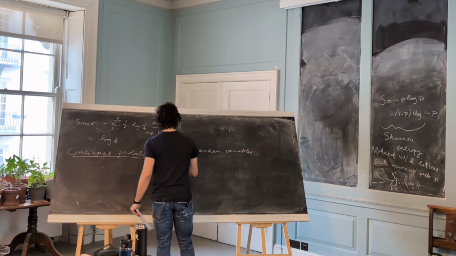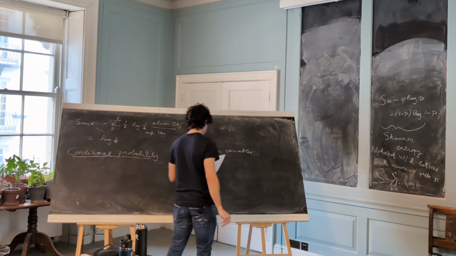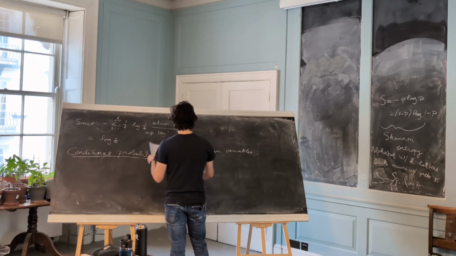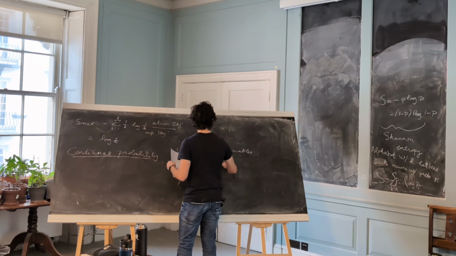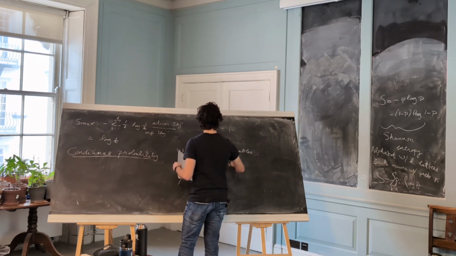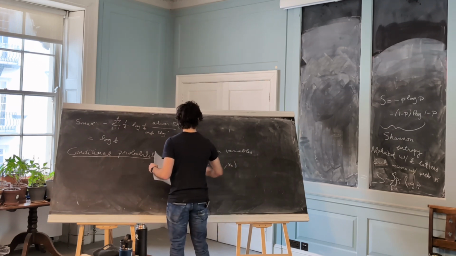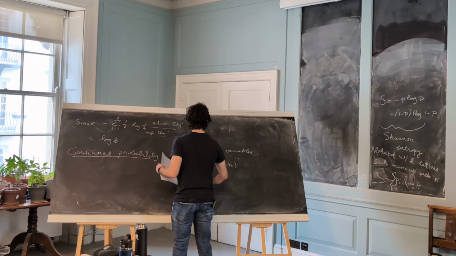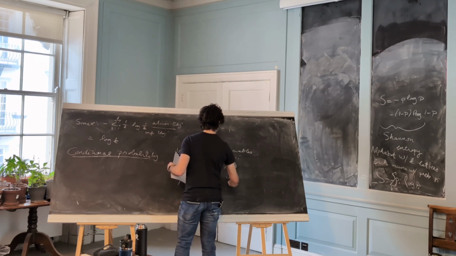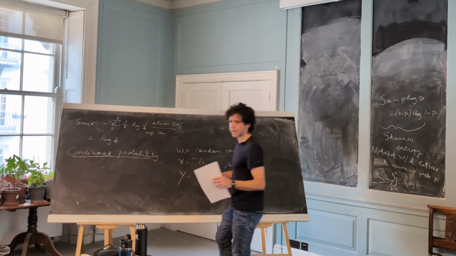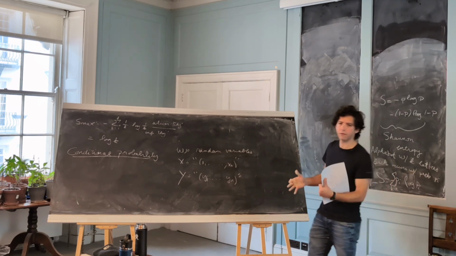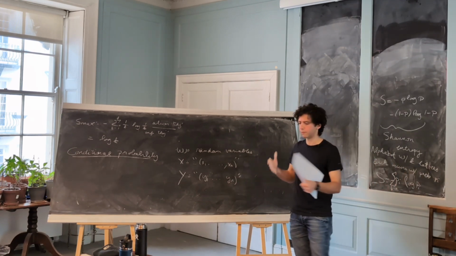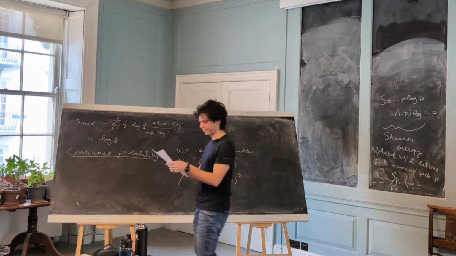Like before, I'm going to call them X and Y. And X, think about it as a state vector, x1 to xn, and Y is another state vector, y1 to yn. All of this is abstract, but you can think about it as a bipartition of the information that you're interested in.